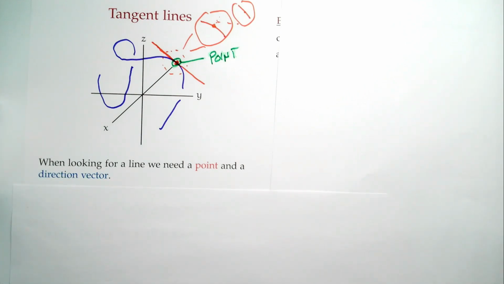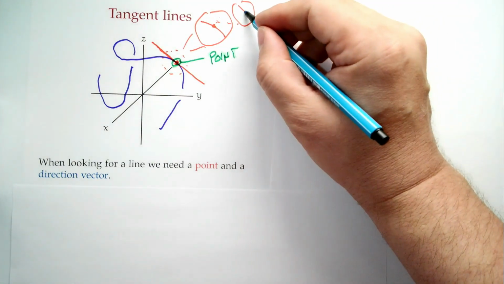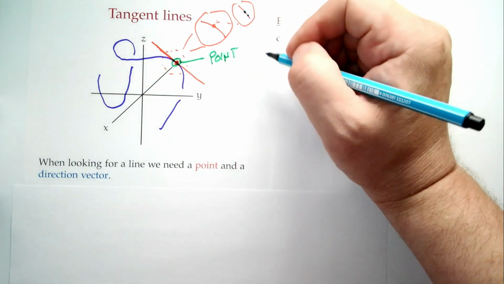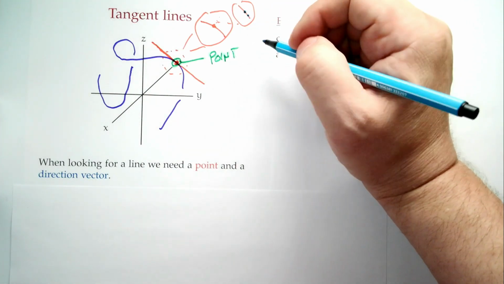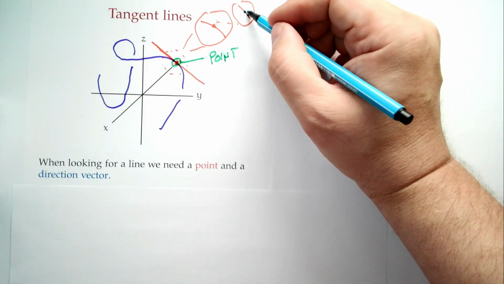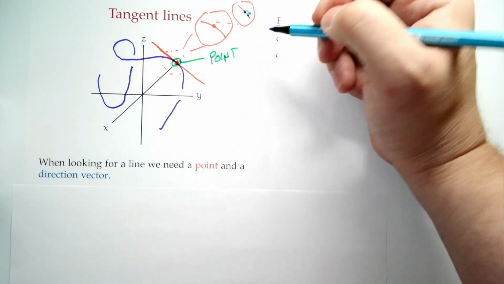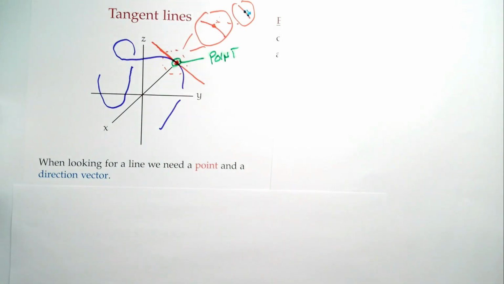Well, here's what we can do. The way you figure out a direction is let's think about a vector. A vector says I just need to look at 2 points. So what I'll do is I'm just going to imagine I'm zoomed in, and I'm just going to pick a point close by. Say that point right there. And I'm going to look at that vector. Of course, the problem is that vector is going to go to 0, but we can fix that by scaling it by an appropriate amount.